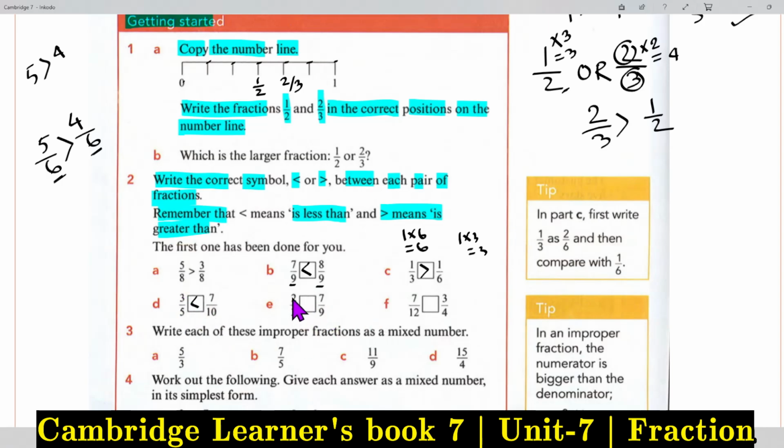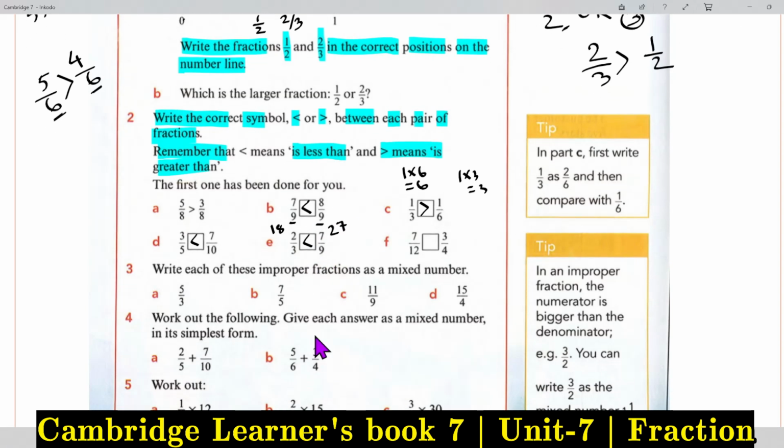Now this one, 2 times 9 is 18 and 3 times 7 is 27. So in this case 27 is the bigger one. In that case we can write like this: 2 by 3 is less than 7 by 9.